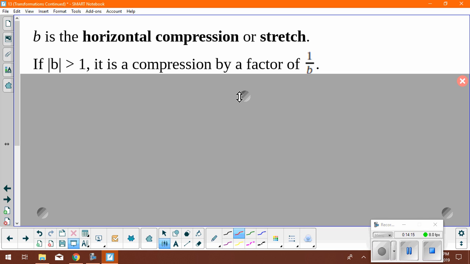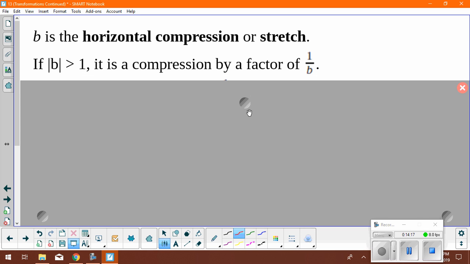If b is bigger than 1, or the magnitude of b is bigger than 1, it is actually a compression by a factor of 1 over b. So for example, if my expression looked like f of 2x, it is actually a compression by 1/2. So it's moving in to half of what it was horizontally.